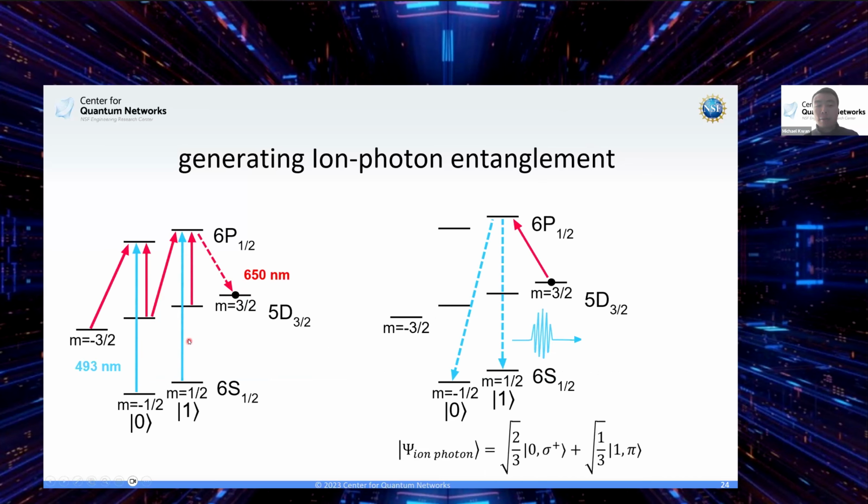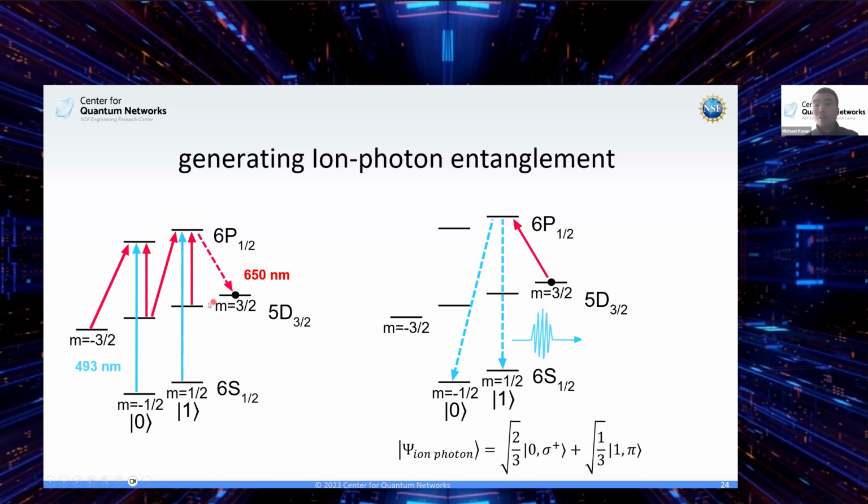The 493 ensures that none of the population stays in the ground state, the 650 pi light ensures none are in the middle two states, and sigma plus ensures that no population of the ion is left in the negative 3/2 mJ of the D 3/2 level.